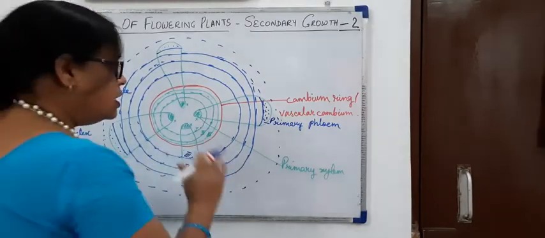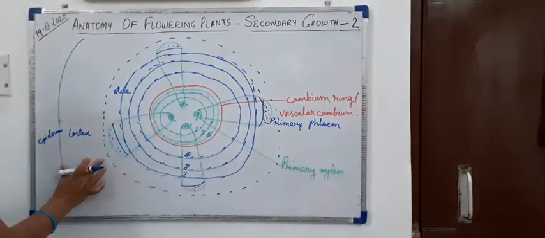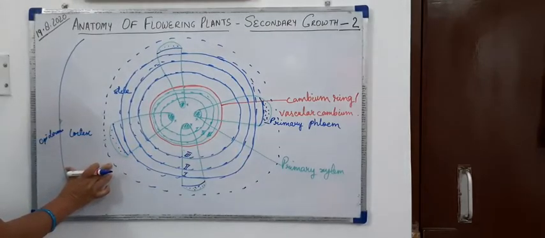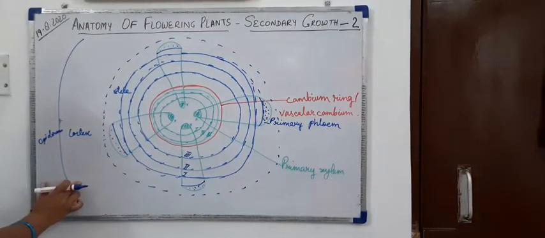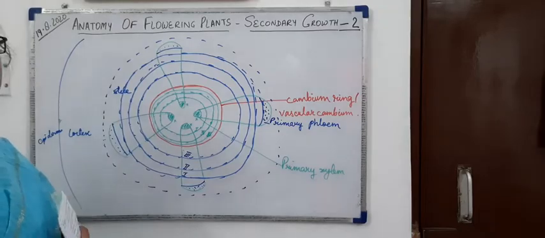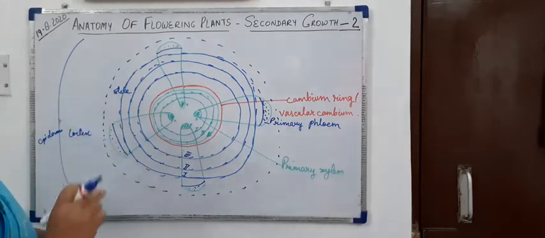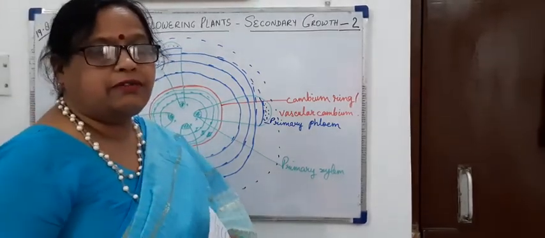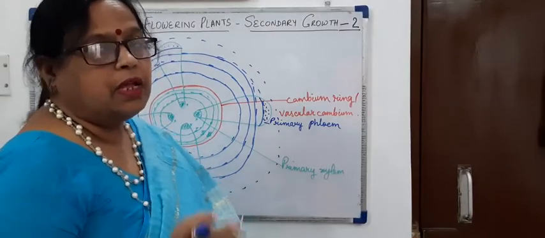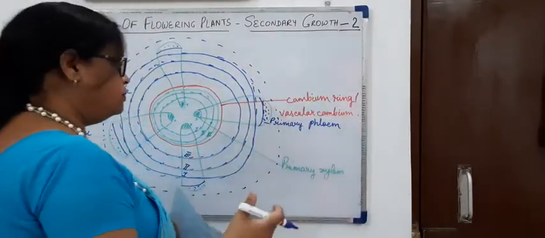But another growth will take place in the cortex region also towards the periphery, and that growth will be towards outside the stele, and it will be due to the activity of cork cambium that we'll be studying later.